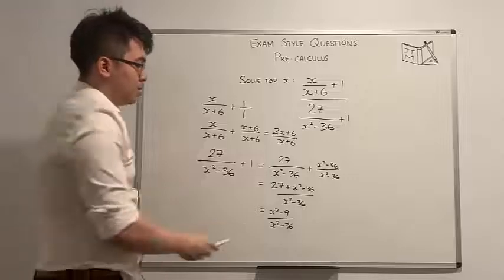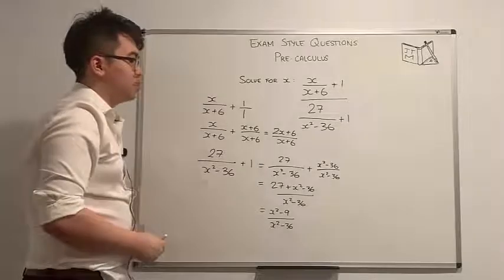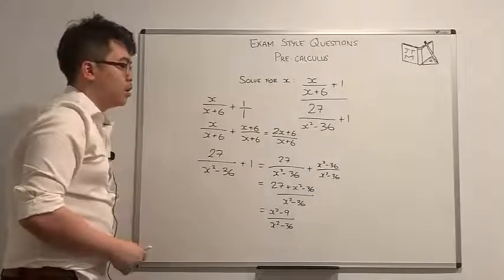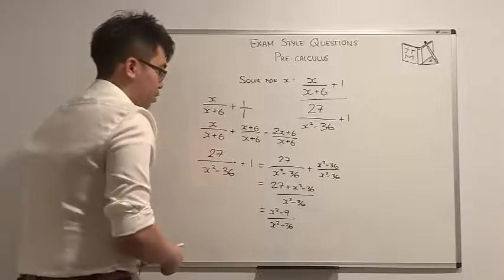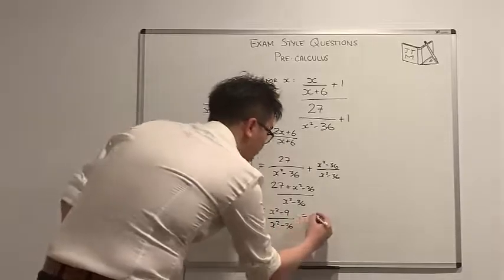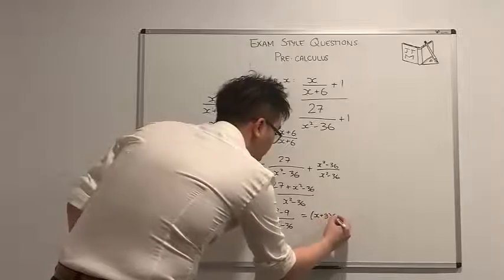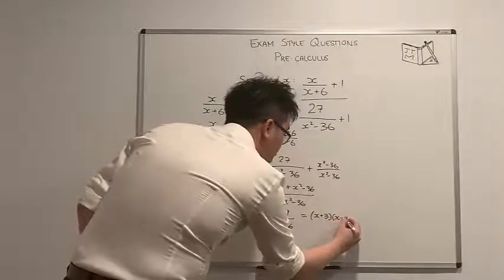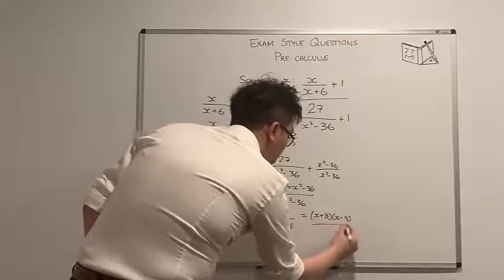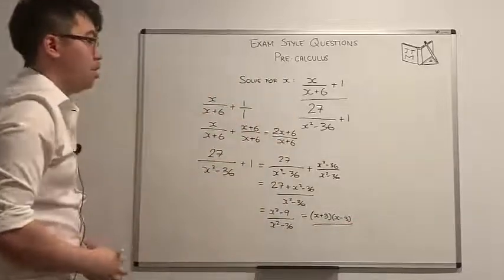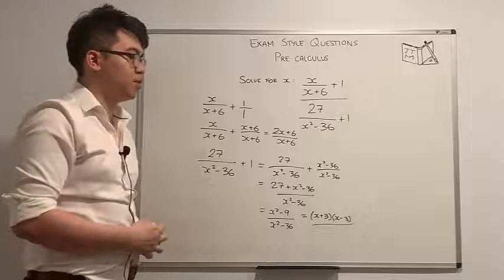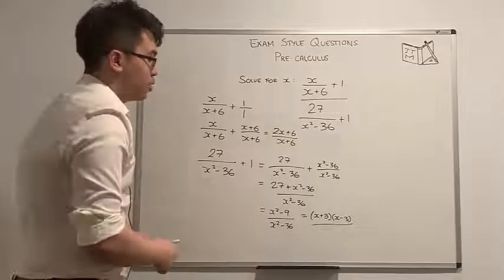Now you're going to notice that x squared minus 9 is a special thing we call the difference of two squares, meaning that we can factor this immediately into x plus 3 and x minus 3. At the same time, x squared minus 36 is also a difference of two squares.